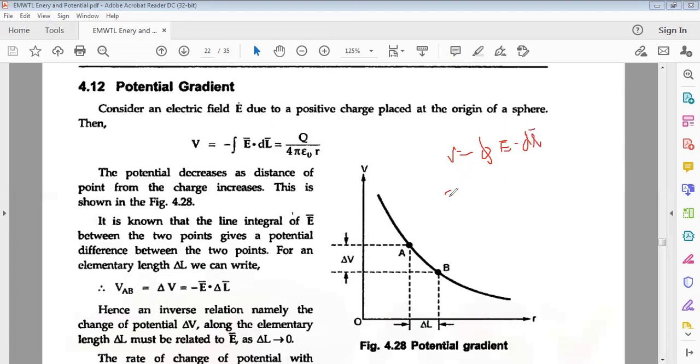Take the derivative on both sides. So dV is equal to E bar dot dl bar. Is it right, my students? The derivative of the integral is nothing but the integrand, E bar dot dl bar.